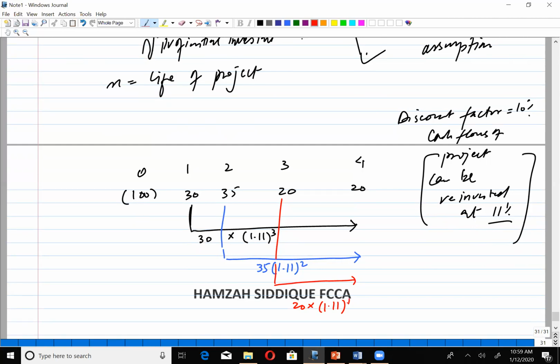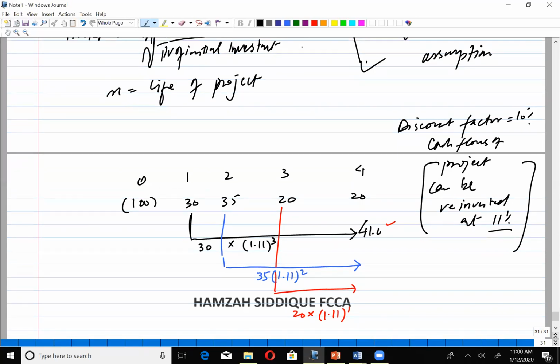Now tell me the answer. The first one, 30 into 1.11 raised to power 3. Be quick and tell me the answer. 41.028.